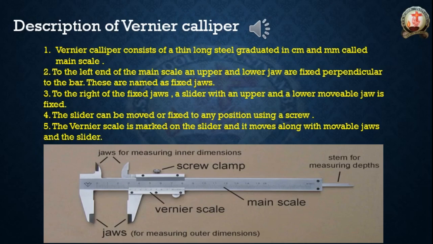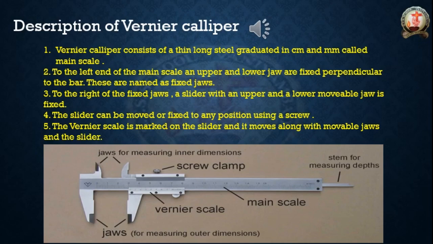In between 0 to 1, 10 small lines are there, that is millimeter: 1 millimeter, 1 millimeter, 1 millimeter, like that. Between 0 and 1, 10 small lines are there, and they indicate millimeters.